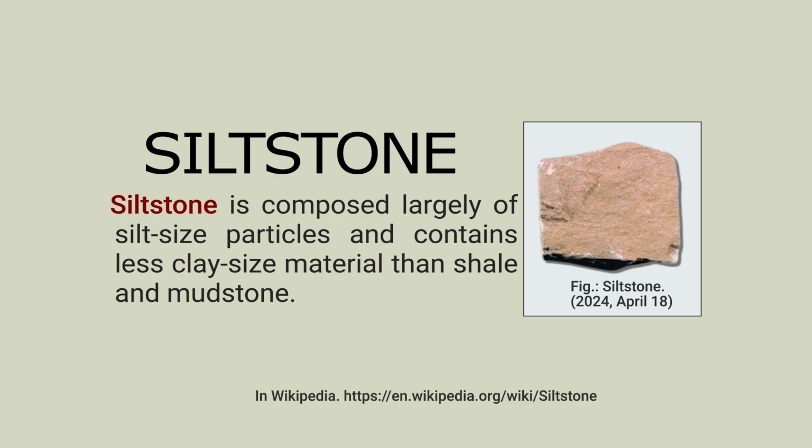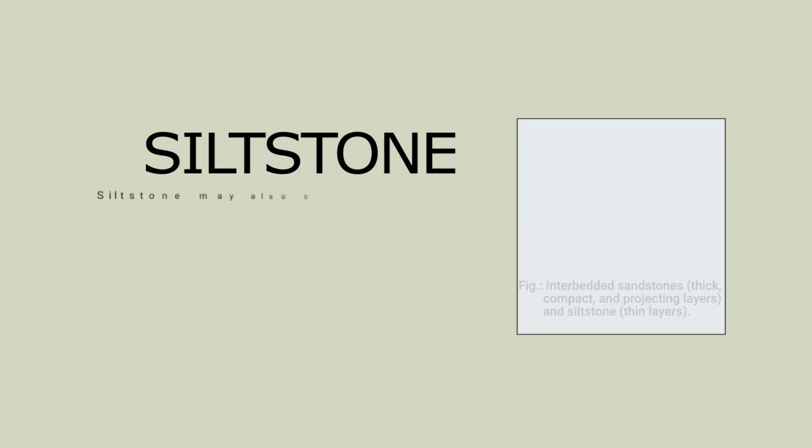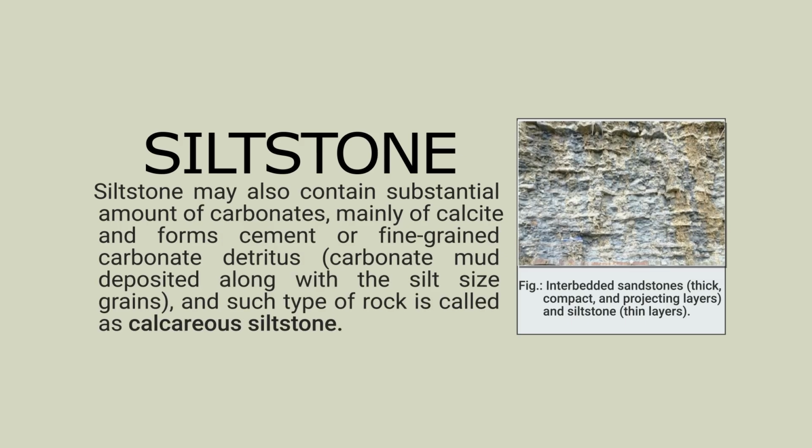Here you can see a hand specimen of siltstone, where the grains are very minute, and this is also a field photograph where you can see interbedded sandstones, thick compact layers that project, and the thin layers, which are the siltstones.